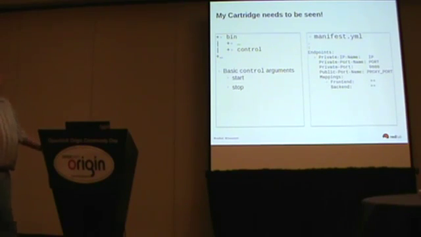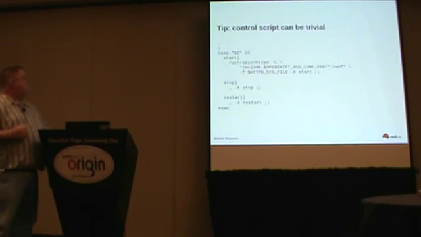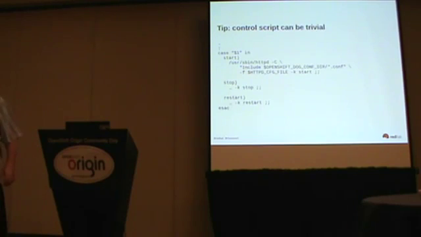So combined with the two, the manifest, the endpoints, how you tell the node platform where you want to live, and the control is what the node platform is going to come back to say, I want you to do things. Control scripts can be trivial. We have some that have gotten very, very long, depending on what they're trying to do.